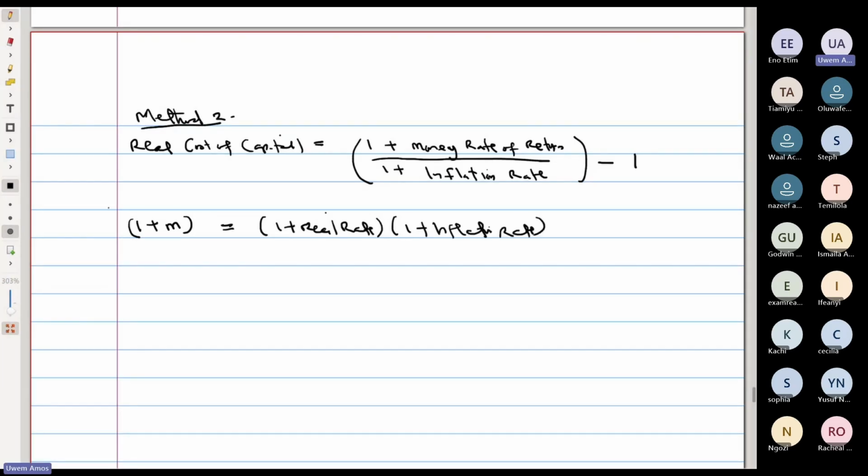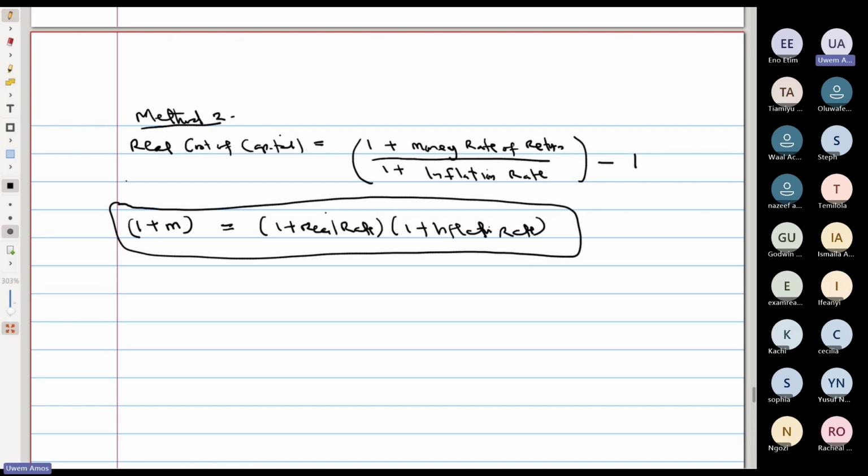You would use this second formula, which is the rework of the first formula, if you are given the real rate, and you are trying to find the money rate.